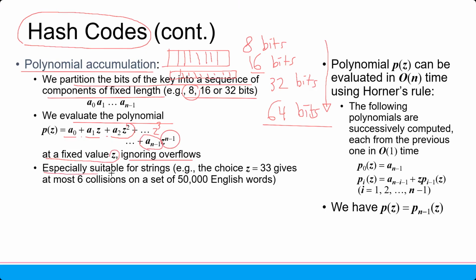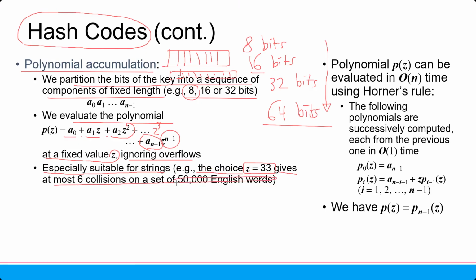So it is suitable for strings. For example, when you have z equals 33, this is just an example, it gives at most 6 collisions on a set of 50,000 English words.